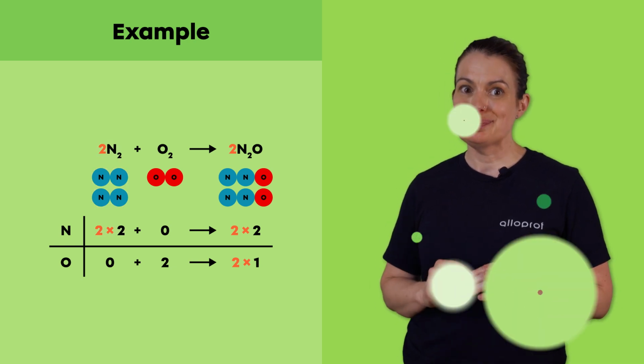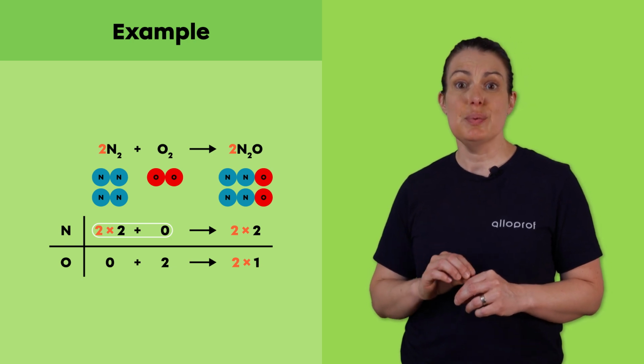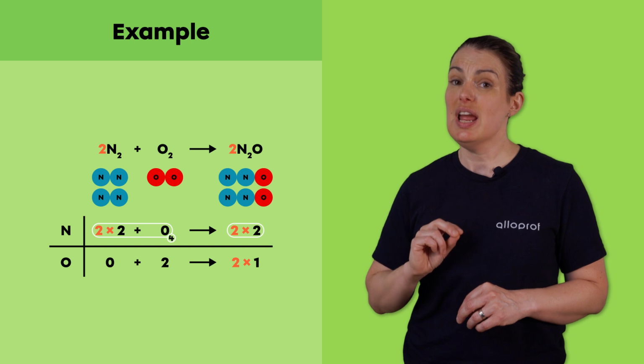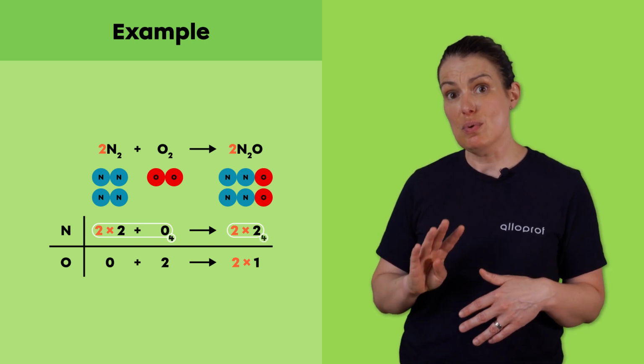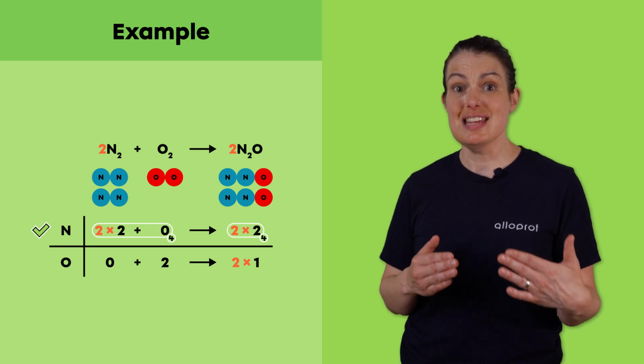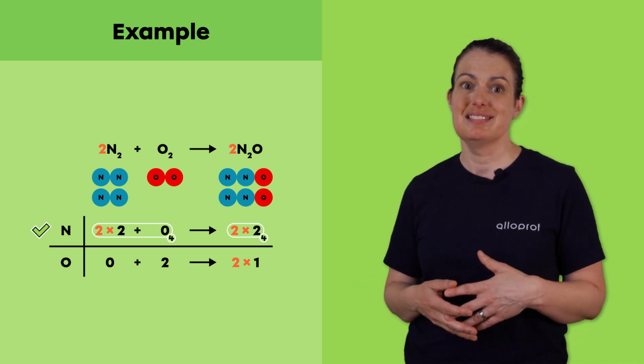Time to check our work. The N2 molecule is present twice, which means that we have 4 nitrogen atoms. This is also the case for the 2 N2O molecules, which provide 4 nitrogen atoms as well. There are therefore the same number of nitrogen atoms on both the reactant and product sides.